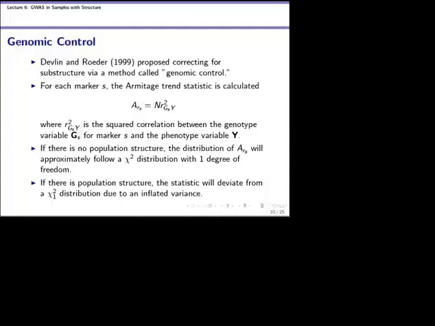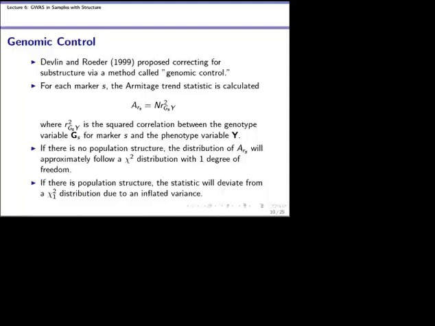If there is no population structure, since the vast majority of the SNPs are not associated with our trait of interest, we expect that the vast majority of them should behave like the null distribution. So this is what we might expect the distribution to be, something like this. Let's say this is a chi-square 1.